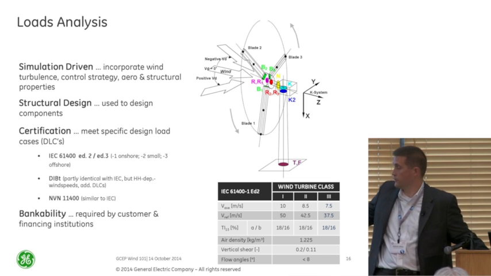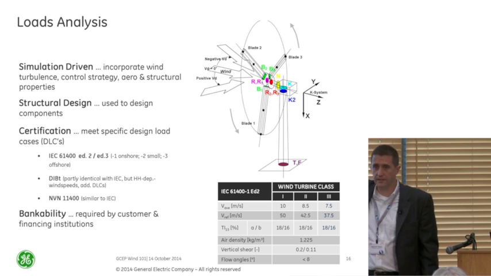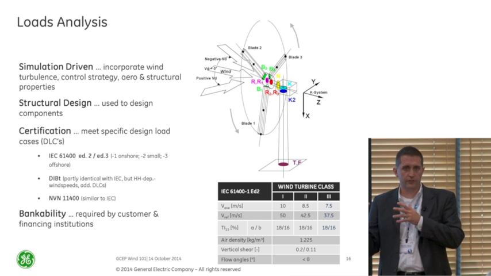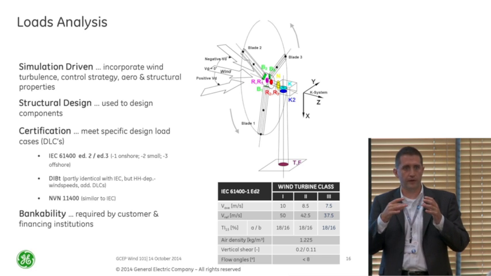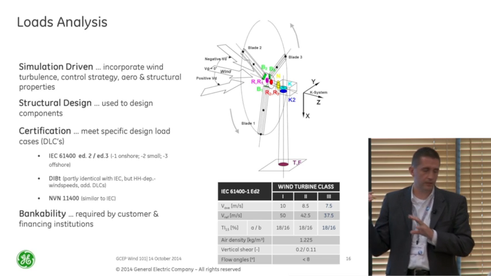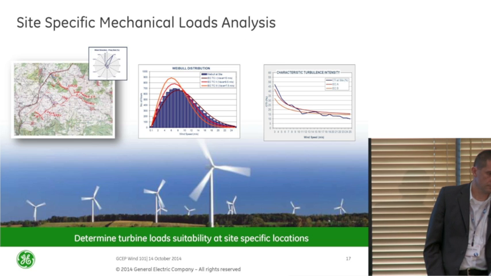So basically the whole industry gets certified via the IEC standard. There are a couple other ones like the DIBT, which is just slight modifications off the IEC that's specific for Germany. So there are wrinkles in certain locations in terms of the right standards, but typically the IEC gets you really, really close to almost all of it.